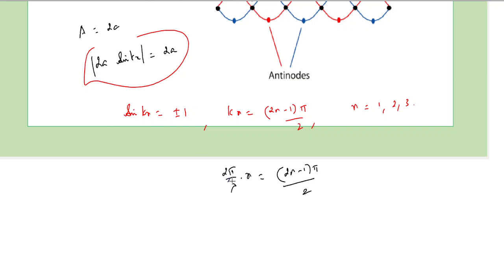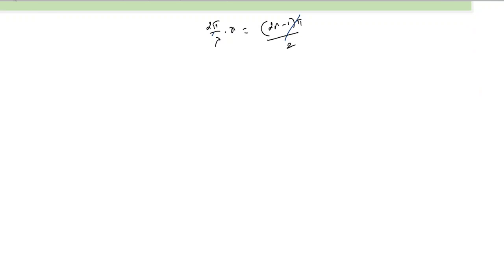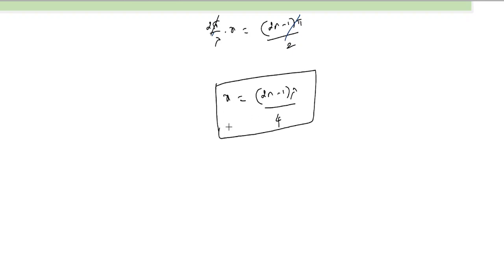From here pi gets cancelled, therefore x is equal to (2n minus 1) lambda by 4, where n is equal to 1, 2, 3, etc.